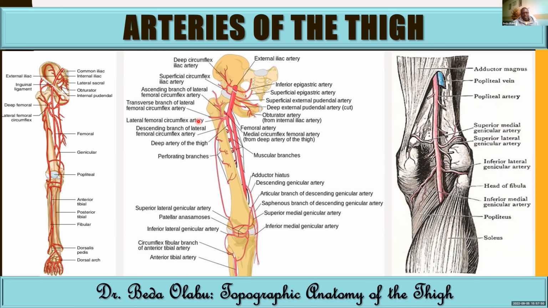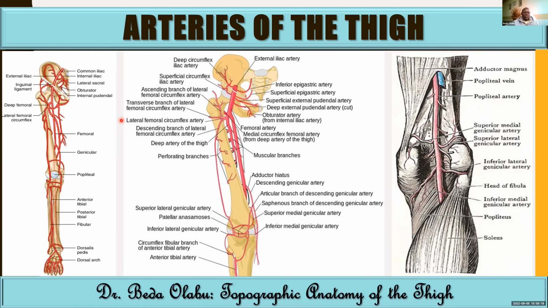One given on the lateral aspect is called the lateral circumflex femoral artery, or lateral femoral circumflex. Then there's one that goes in the middle aspect, which we call the medial circumflex femoral artery. So medial circumflex femoral artery and lateral circumflex femoral arteries are branches of the deep femoral artery. They go around the femur.